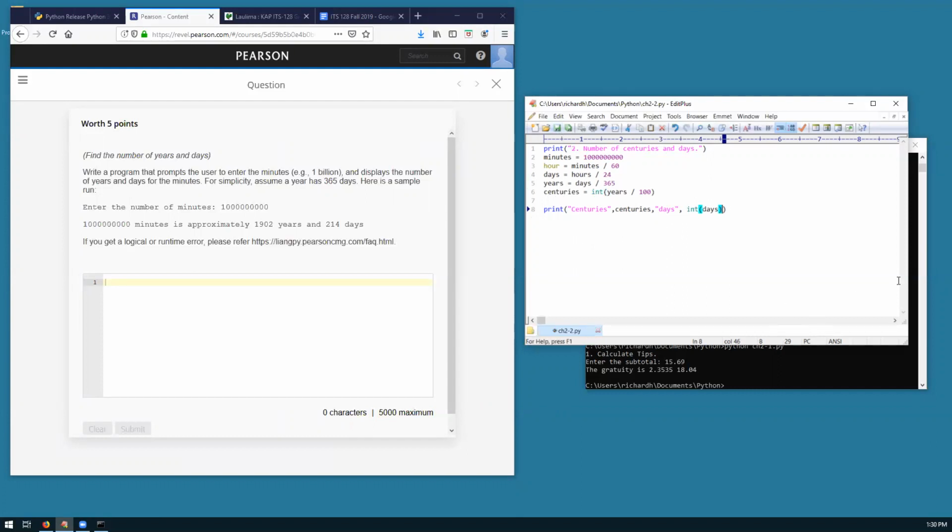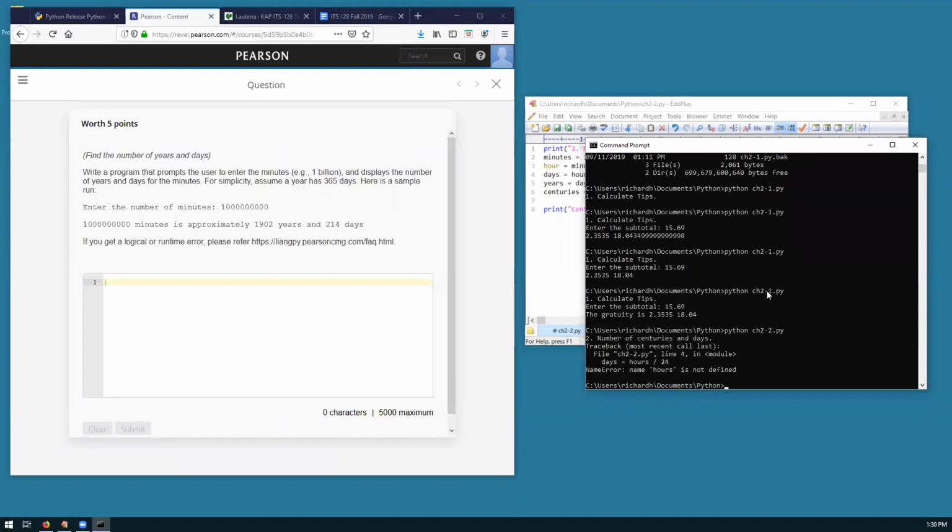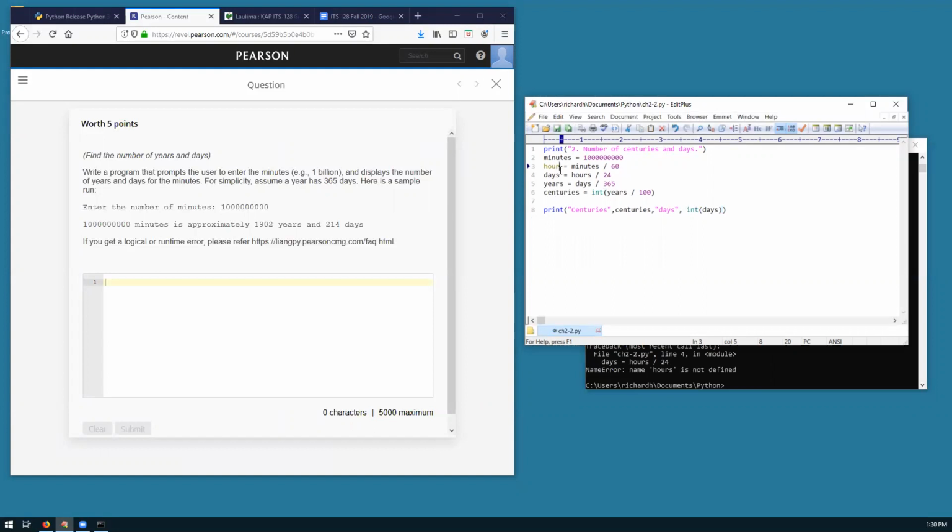Save this and run it. Python, ch2-2.py. Oh, hours is not defined. Got an error there. Hours. Okay, try this again.